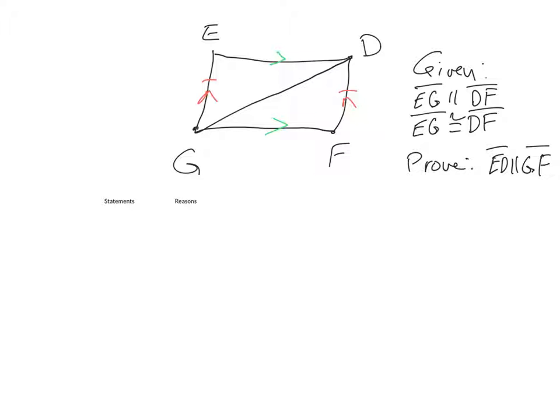I'm going to start off with the given, EG parallel to DF, EG congruent to DF, and those are both given.